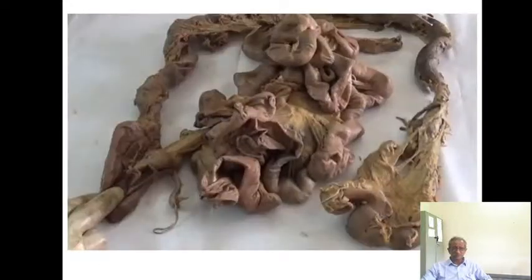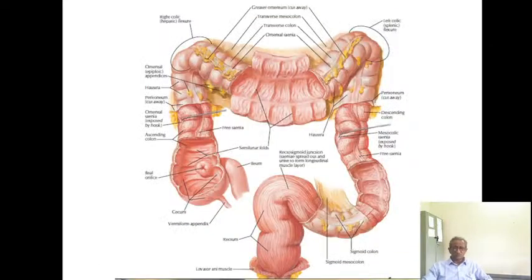Okay, I have come back. So this is a diagram showing the ileocecal opening, the appendix and its opening, then the haustra and the taenia. This is the inferior one, the taenia libera, and this is the posterior one, the taenia mesocolica, whereas the taenia omentalis is present anteriorly, almost here.